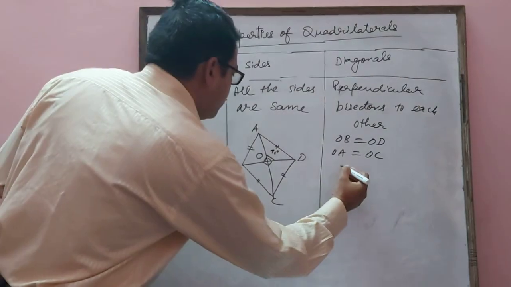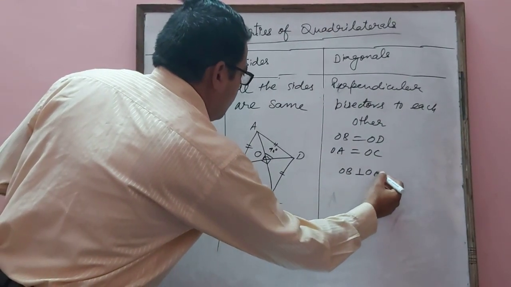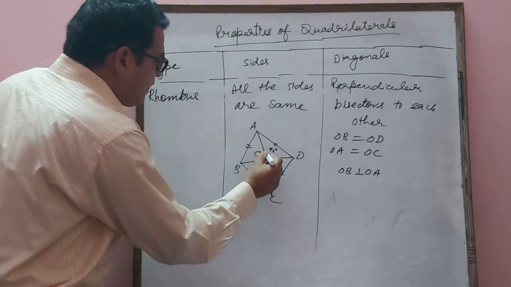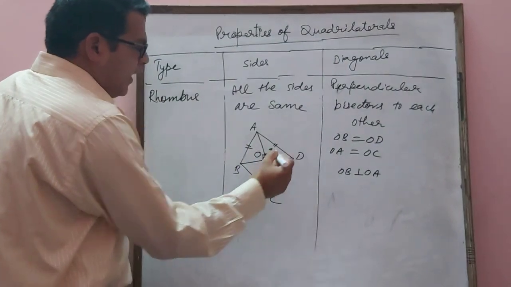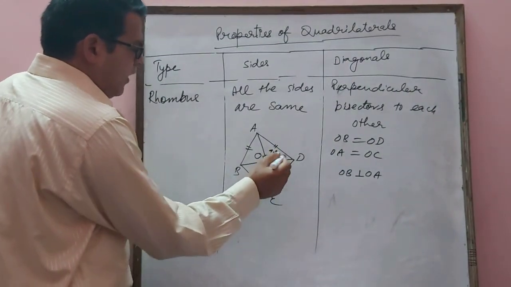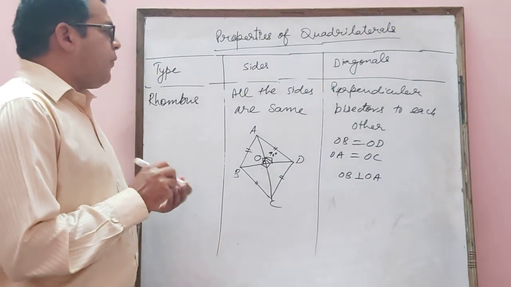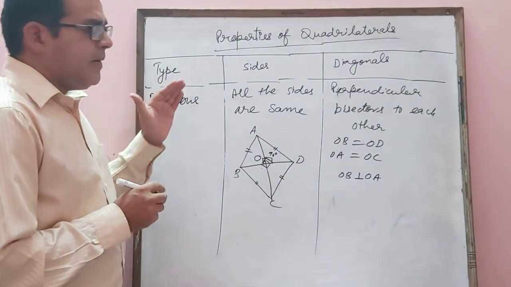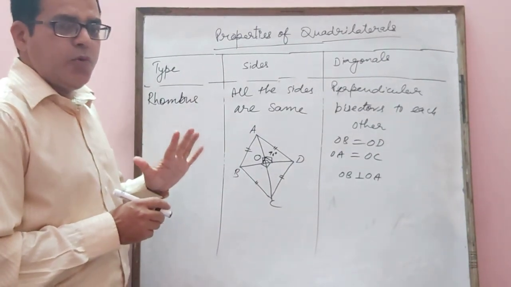And we can also say that OB is perpendicular to OA, meaning this angle is 90 degrees. Similarly, here also the angle is 90 degrees, here also and here also. So we can say that the diagonals of a rhombus bisect each other at 90 degrees. Hope you understand.